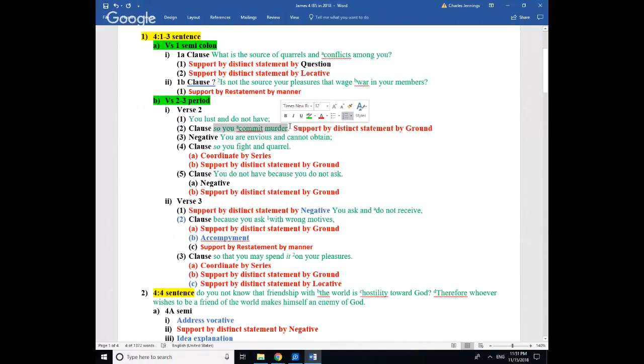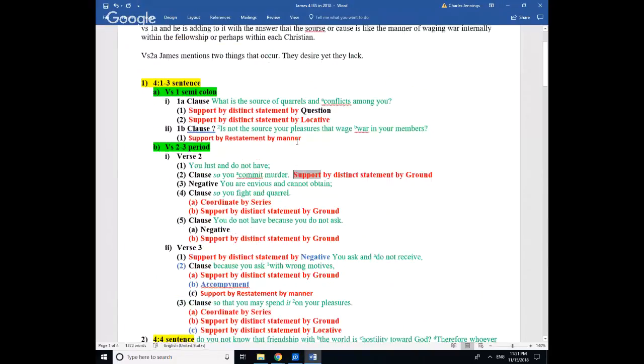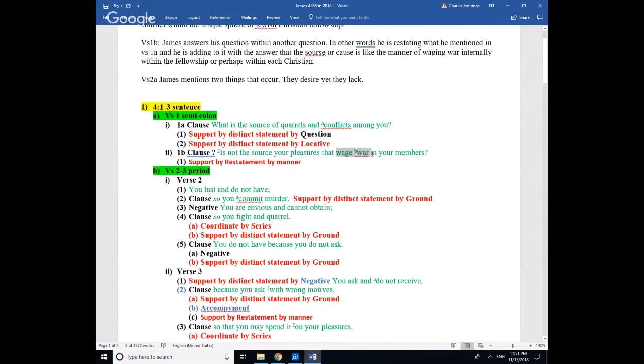So this is a distinct statement. Nowhere in this passage did it talk about murder. It talked about quarrels and conflicts, right? Which can imply physical harm. It talked about war, which, okay, that's getting there now. I mean, that's a bigger idea. That's pretty bad. War's pretty bad.